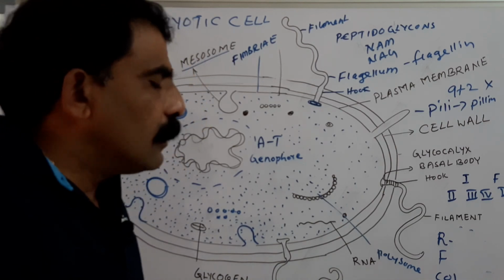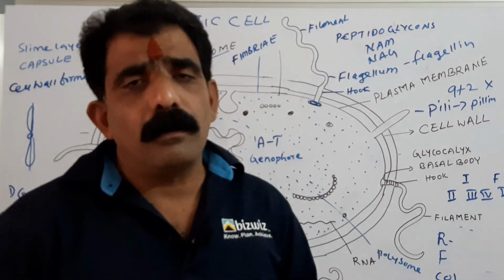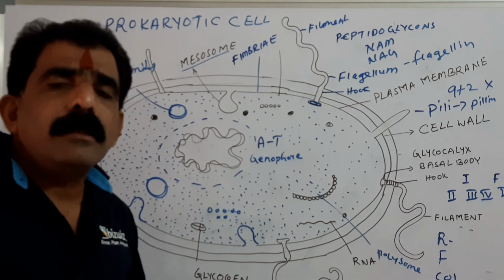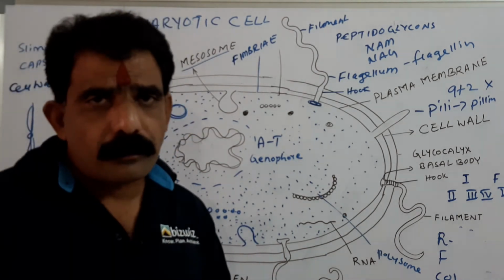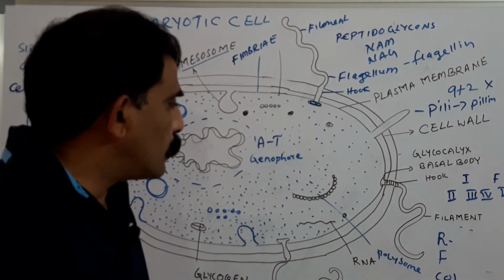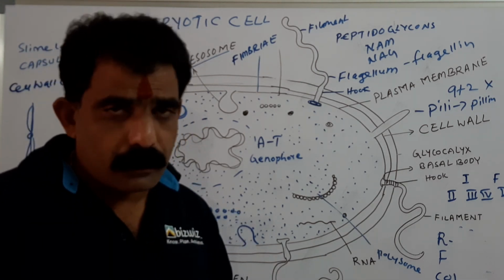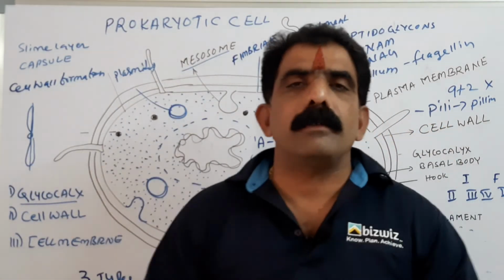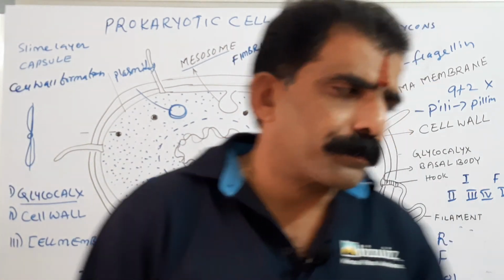Apart from this, the prokaryotic cell consists of some inclusion bodies, which are nothing but reserve food materials, otherwise gas vacuoles. The reserve food materials of the bacteria are glycogen granules, phosphate granules, and in blue-green algae, cyanophycean granules. These inclusion bodies are naked, not surrounded by any membrane, floating freely in the cytoplasm.